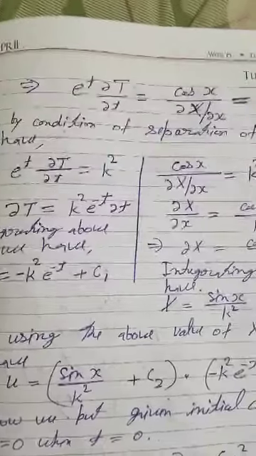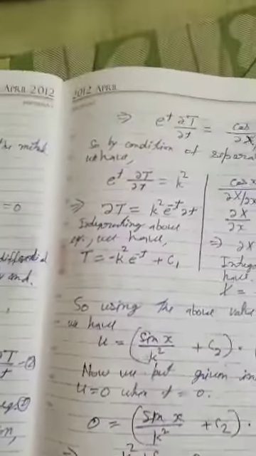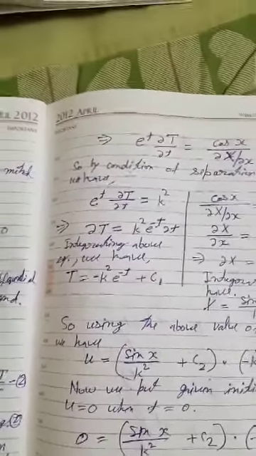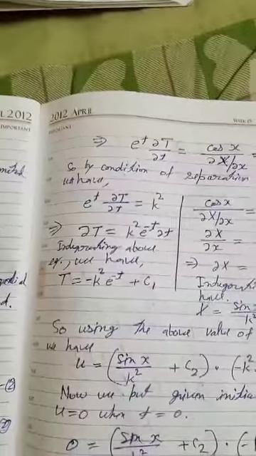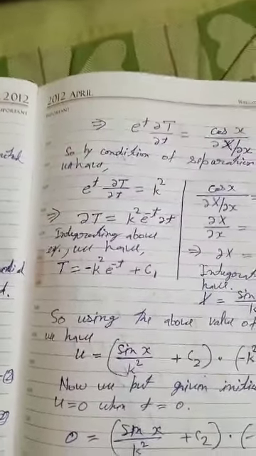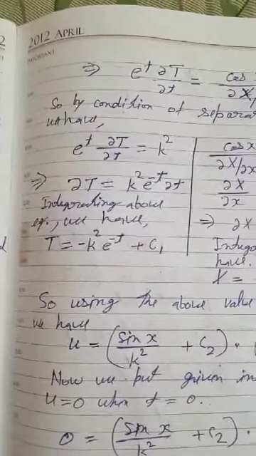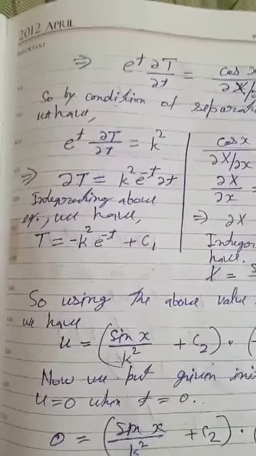When a partial differential equation consists of such a term, that is the non-homogeneous case, we can obtain the solution of that equation on any value of k square, positive, negative or 0.